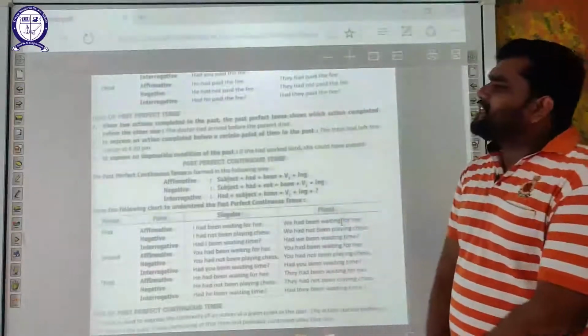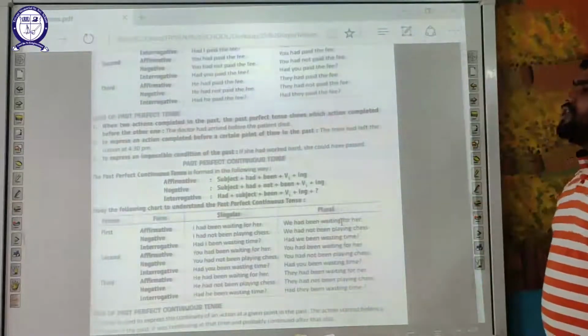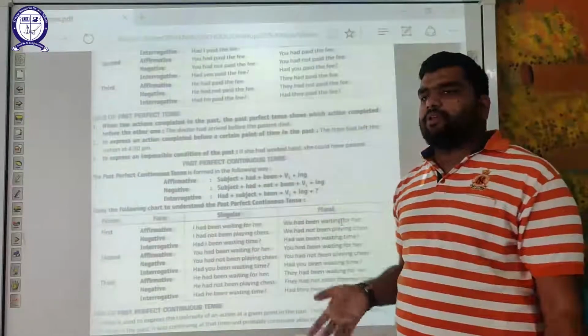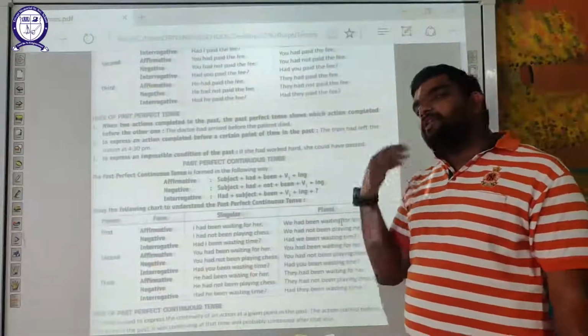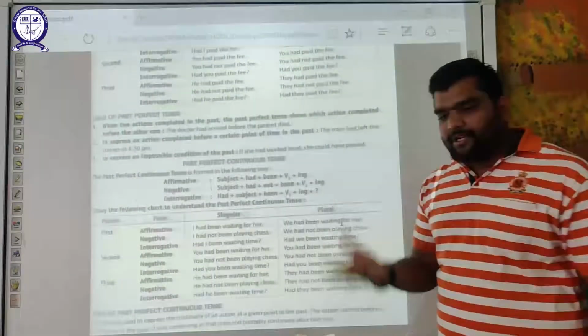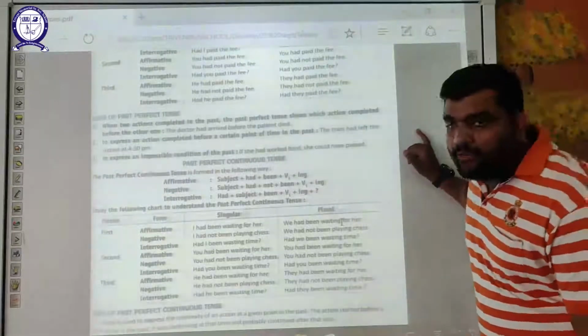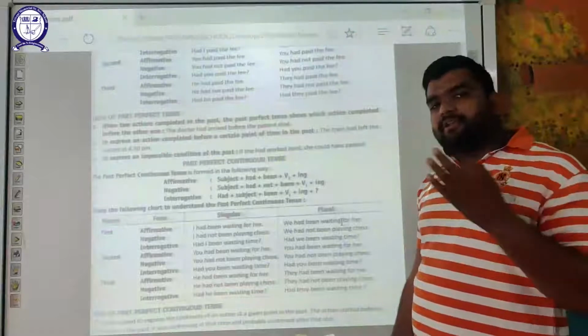Now where to use the past perfect tense? When two actions are completed in the past, the past perfect tense shows which action was completed first and which was completed the second time. Like the doctor had arrived before the patient died.